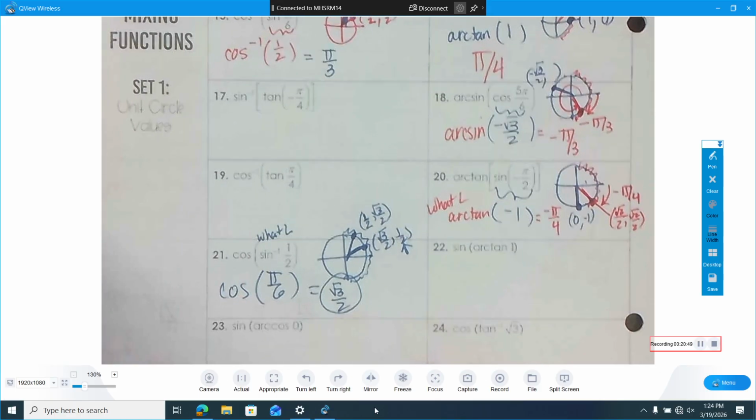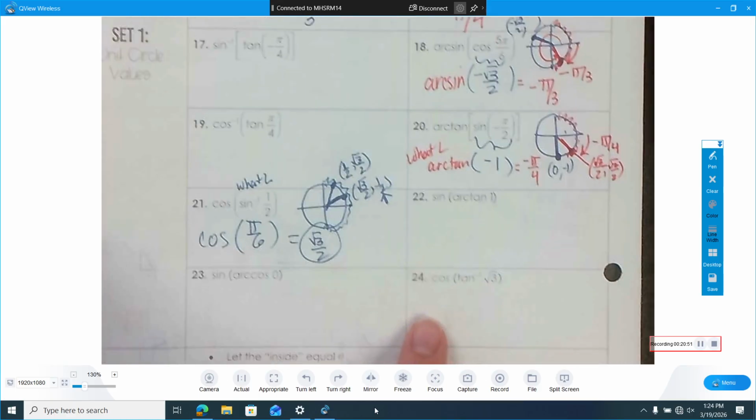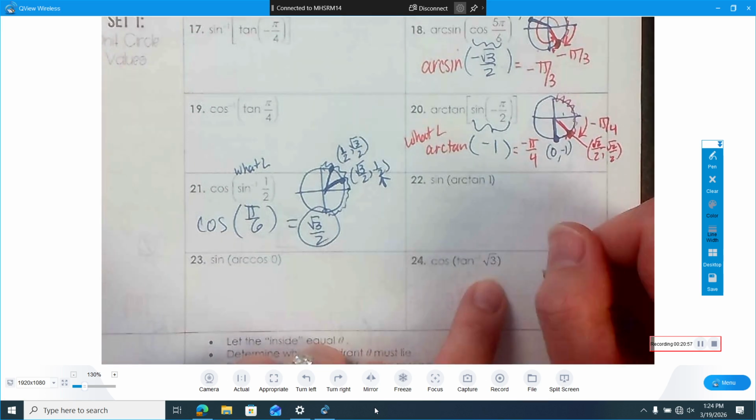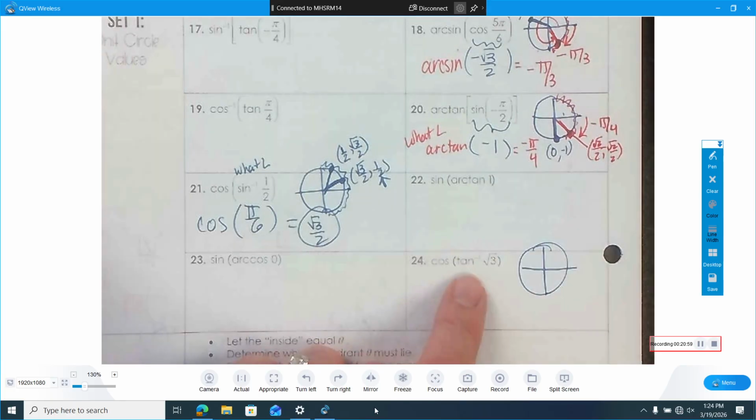Let's look at 24. All right, so again, this is arctangent. Oh, we should maybe do 23 as well. We'll do 23 as well. All right, arctangent. Which side of the unit circle do we care about? Just the right side. Okay. And we have radical 3 for the ratio.